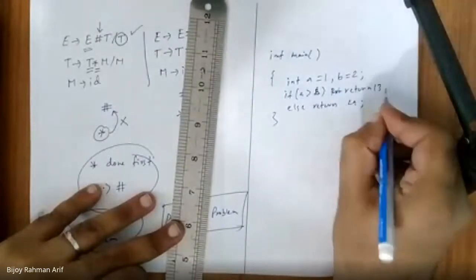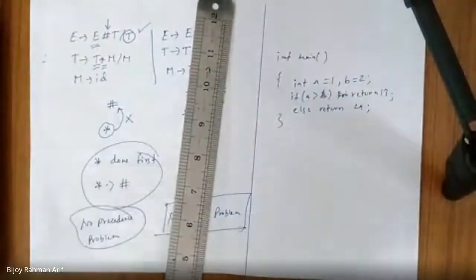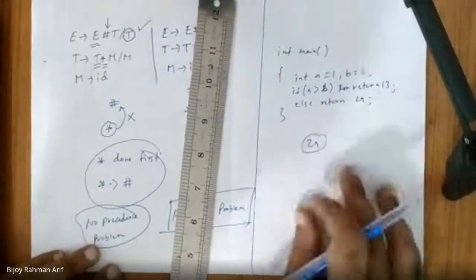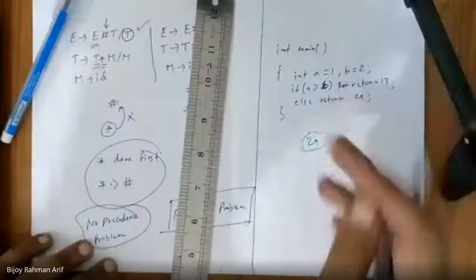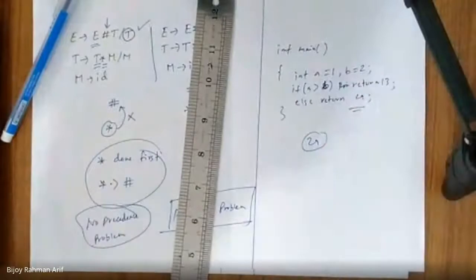So what would be the output? Definitely 29. So there is no ambiguity in this output, right? So I'm going to give this kind of small snippets of code. You should give the correct answer.